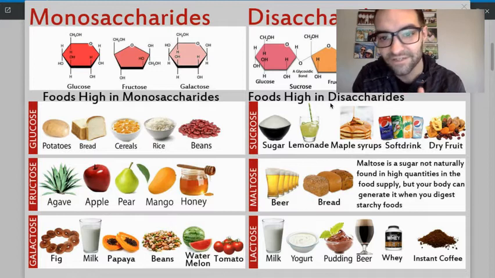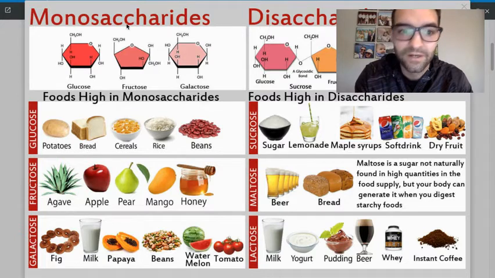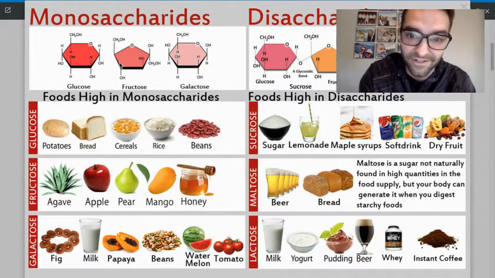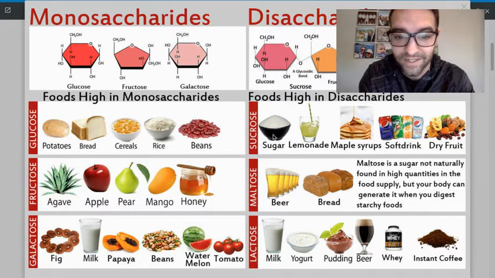But then we have disaccharides. The disaccharides you'll see are actually a combination. So that's where the di comes in. There's two of the monosaccharides together. So sucrose, which maybe you've heard of before, right? That's kind of our table sugar that we use.